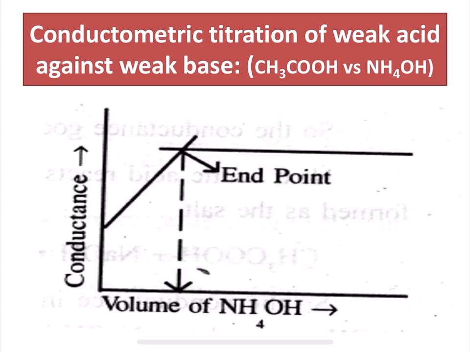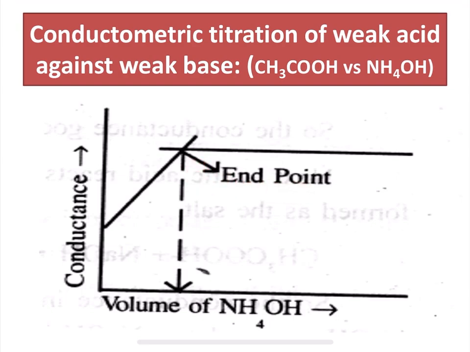On plotting the conductance of the solution against the volume of NH4OH added, we get two straight lines with different slopes, and the point of intersection gives the end point.